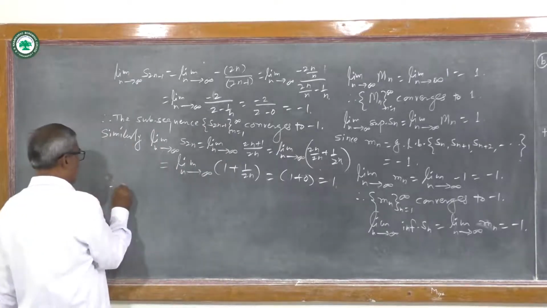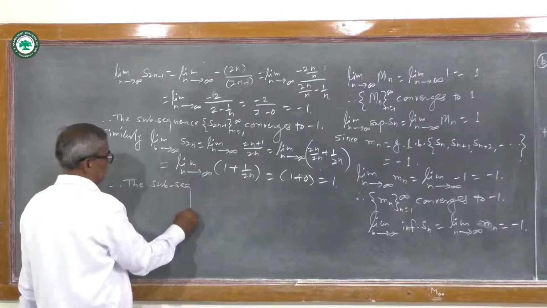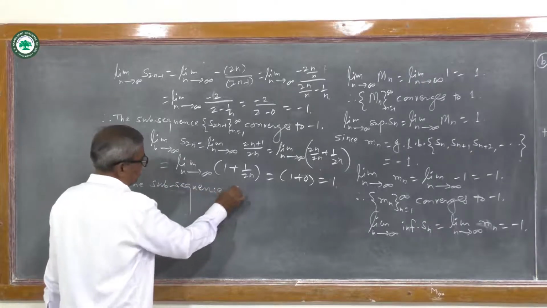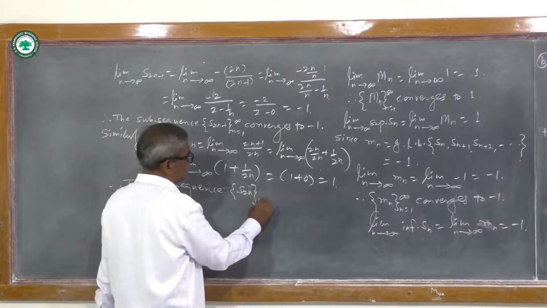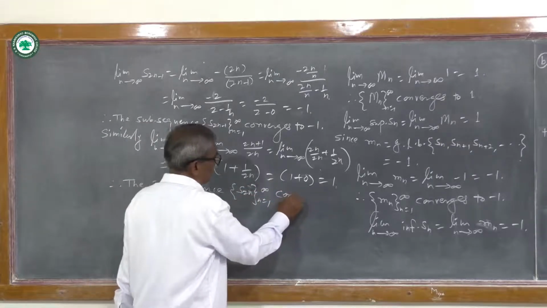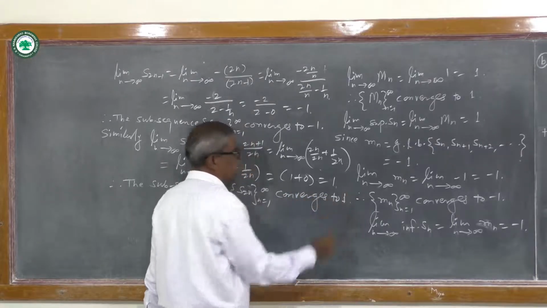Therefore, the subsequence S suffix 2n, n is equal to 1 to infinity, converges to plus 1.